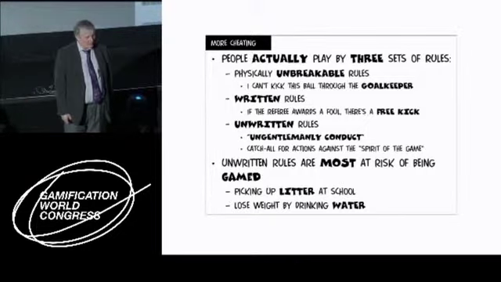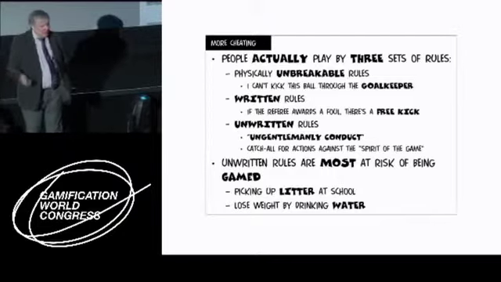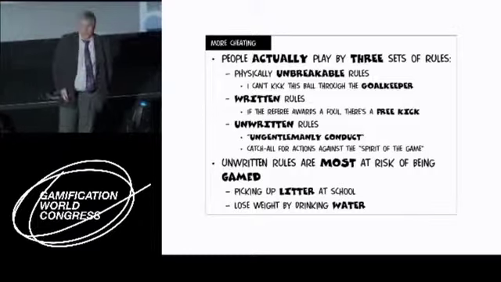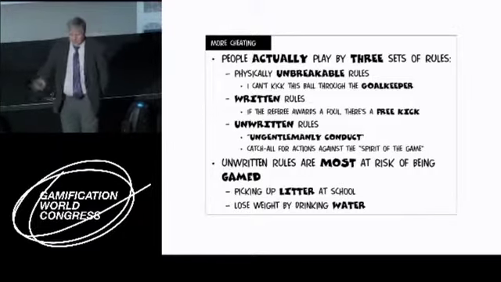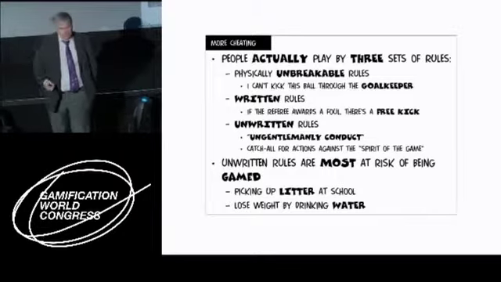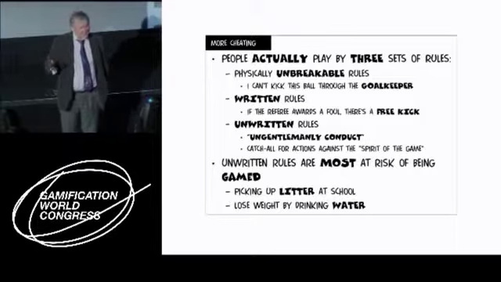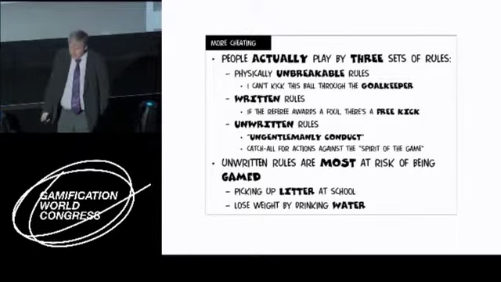You've lost 5 kilograms. You win. And you've done no effort at all. So the unwritten rules are the ones that are at risk. No one said you can't drink 5 litres of water and then not drink it next time and lose that amount in weight. But nevertheless, it's kind of against the spirit of what the activity was about.